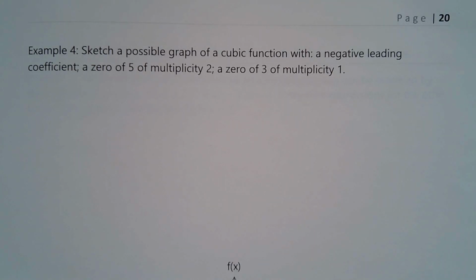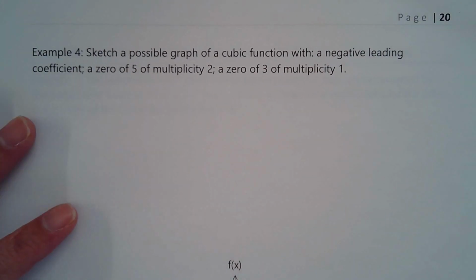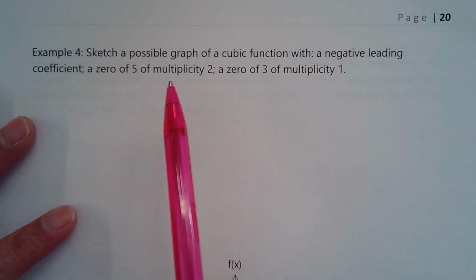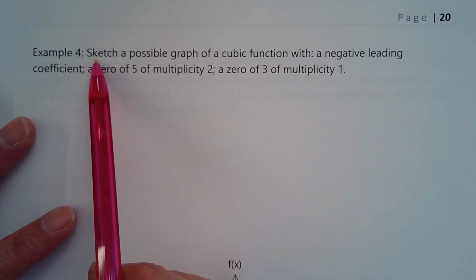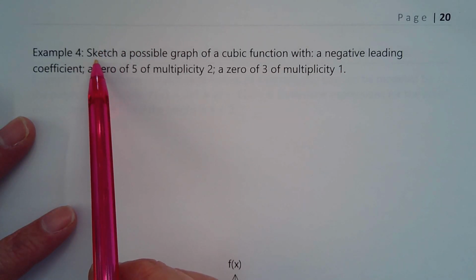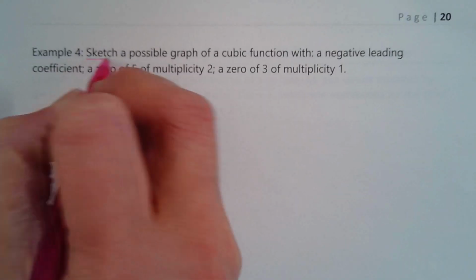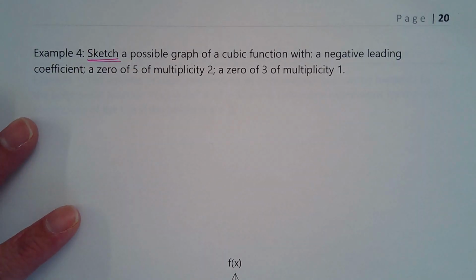Okay, so I think we're ready for example number 4. It's on page 20. Everybody's on that page, I hope. Now it says here, sketch a possible graph of a cubic function.